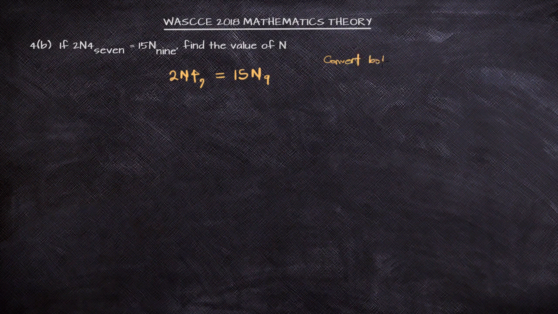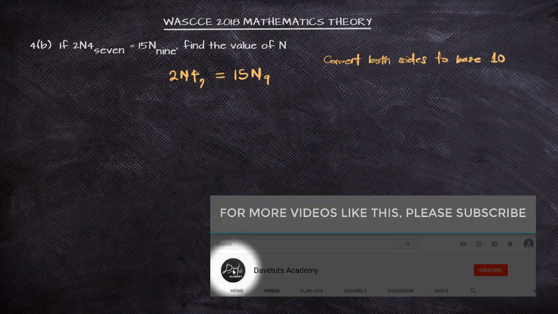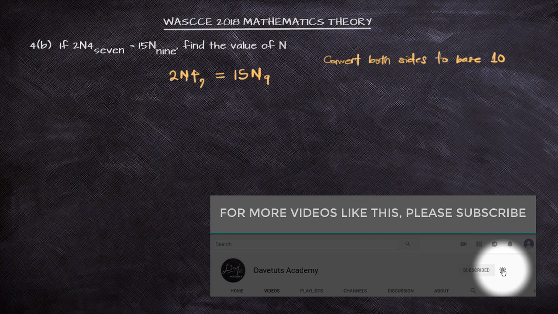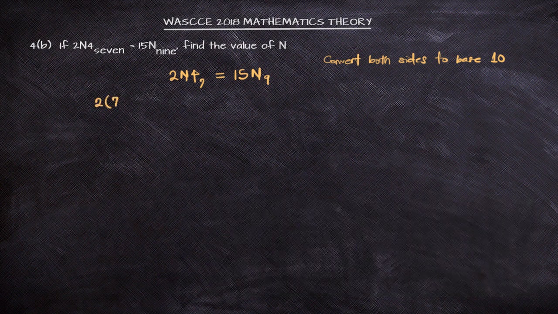So what we need to do is just convert both sides from whatever base they are, convert them to base 10, and we'll see what can come up from there in solving our question. So to convert to base 10, what we need to do is that we take each of the numerals and multiply it by some corresponding power of the base starting from 0.